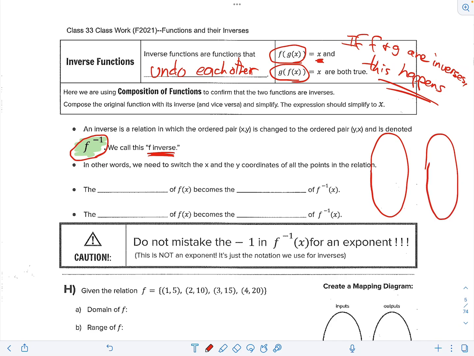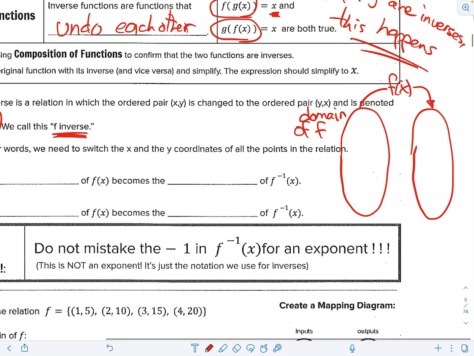Here's something that I think might help when it comes to inverses. There's always these two sets. One is usually the domain of f. If f takes something into another, it maps it to another place, and that domain of f is sent over to the range of f, inputs and outputs.